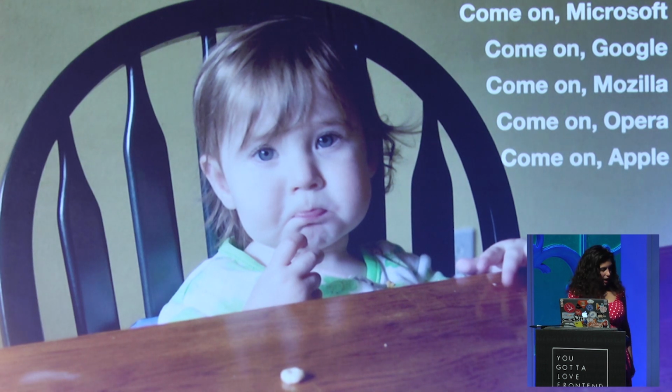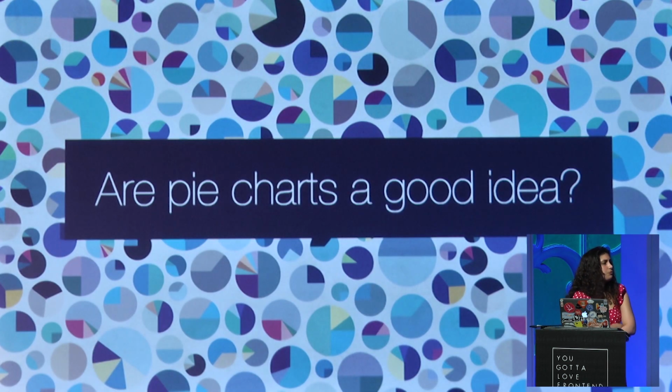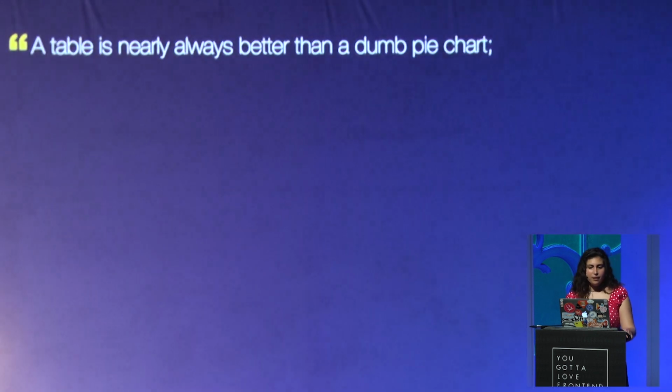So, after we've spent pretty much 50 minutes discussing how to make pie charts, are they actually a good idea? How many of you have heard of Edward Tufte, the information visualization expert? Some of you. He has very strong opinions, and he has very strong opinions about pie charts, too.